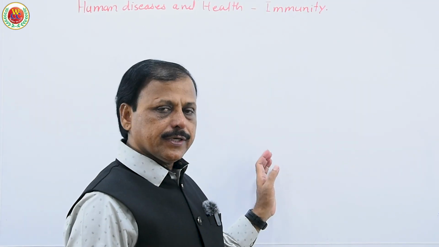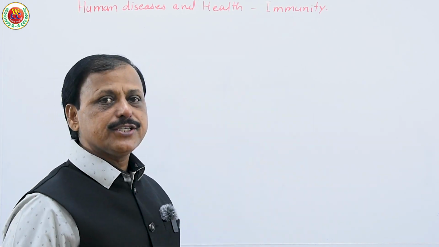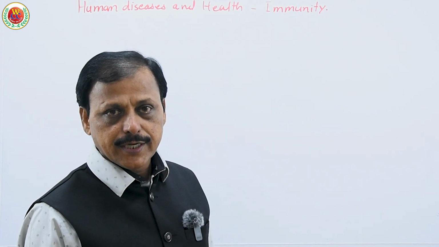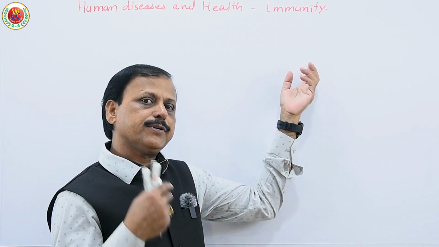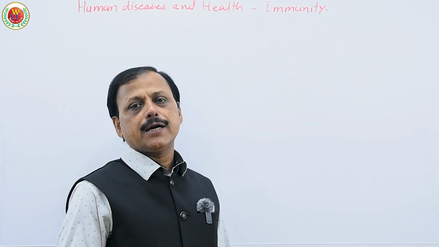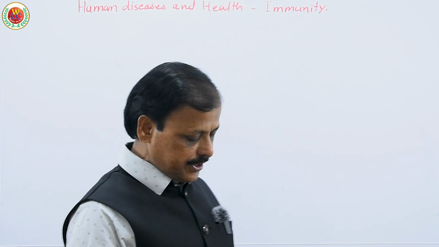So in continuation, I asked you to take the screenshot, and you would have taken it. We were continuing with acquired immunity, where I explained how primary and secondary responses are produced by our body. But who produces these primary and secondary responses? That is antibodies.